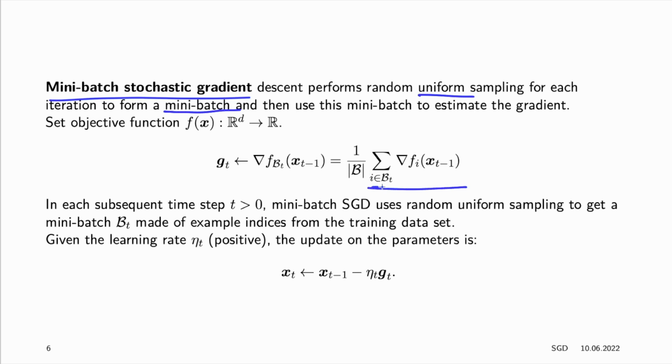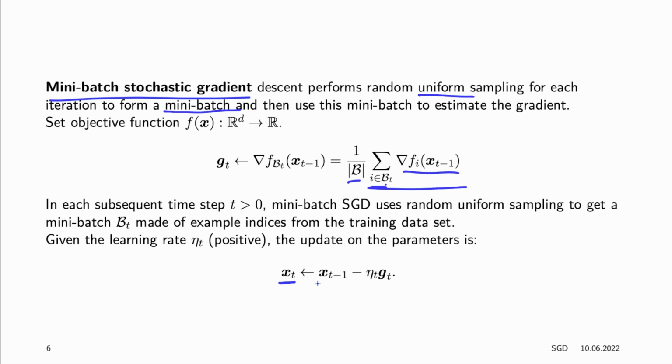So you're summing the gradients of all these component functions of the mini-batch, and dividing by the size of the mini-batch. In each time step t, we use random sampling to get a different mini-batch, and then we compute our update.